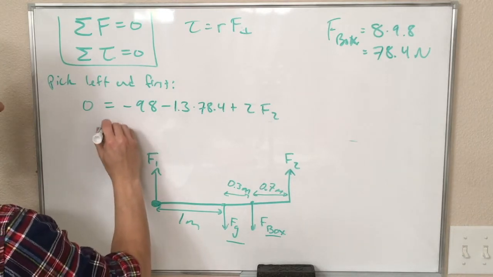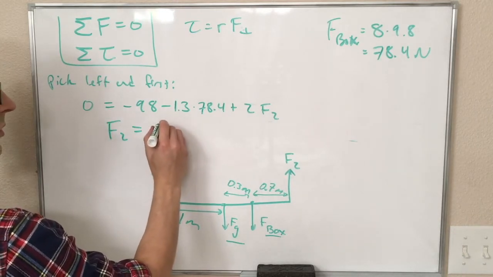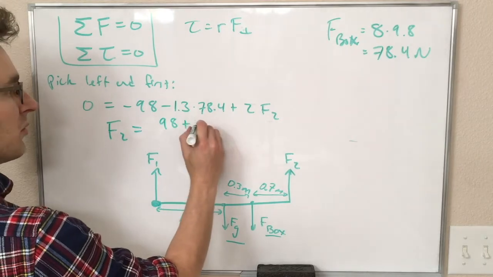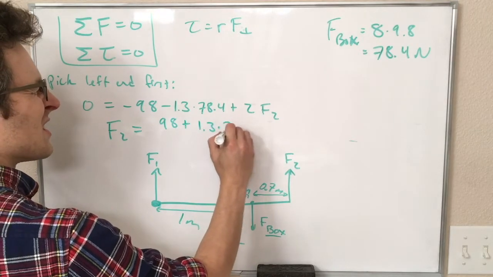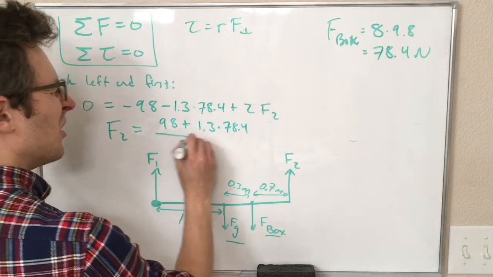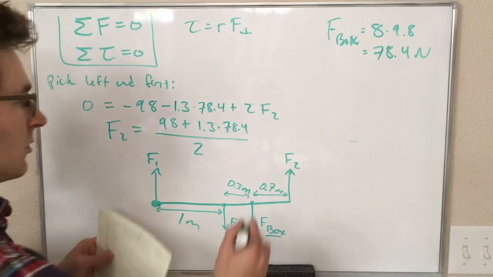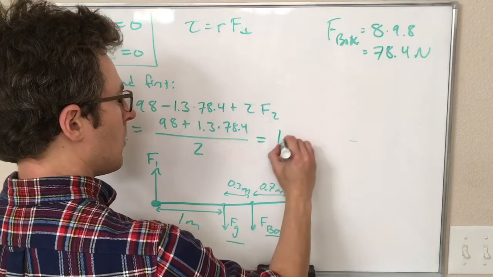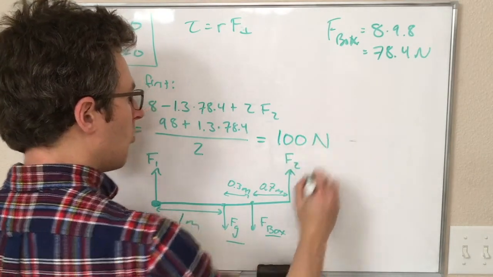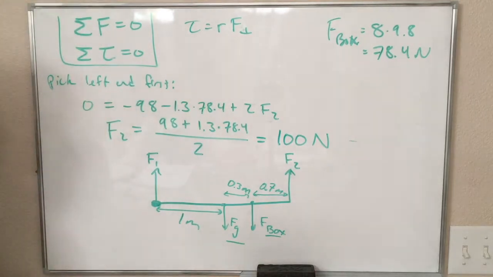So force 2 is equal to 98 plus 1.3 times 78.4 over 2. And that is equal to 100 newtons of force. So we have 100 newtons of force tension in F2, and that is it.